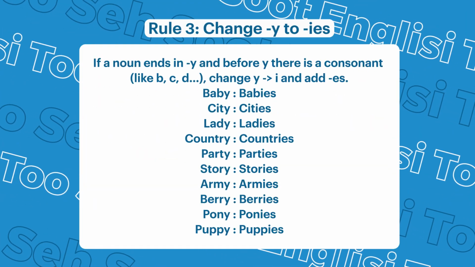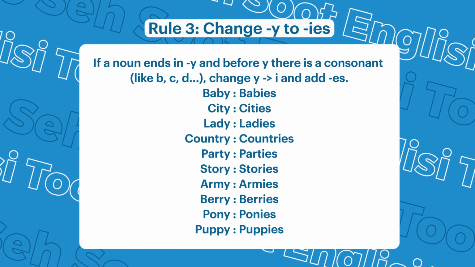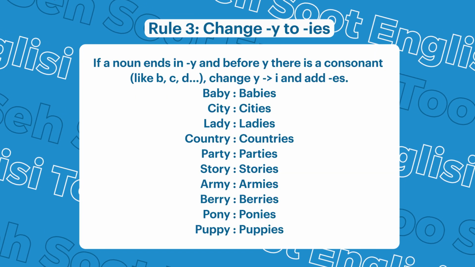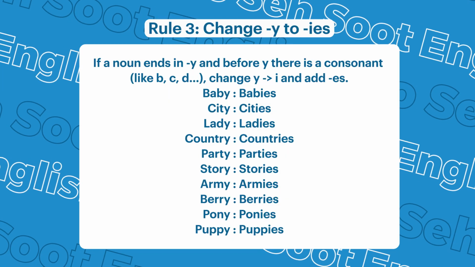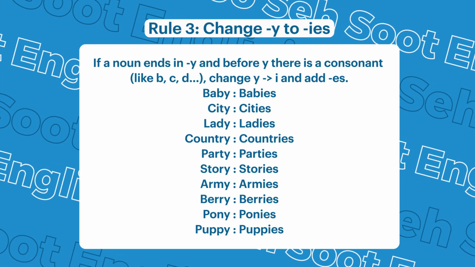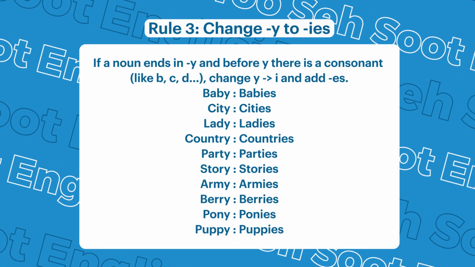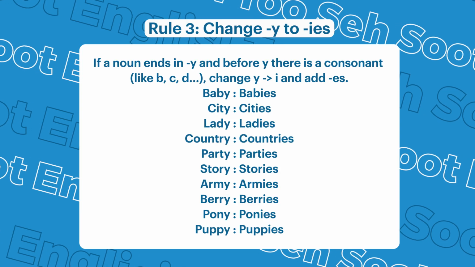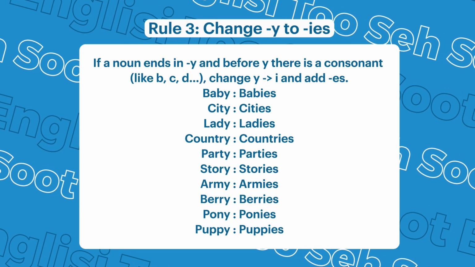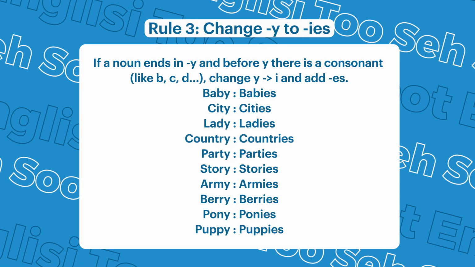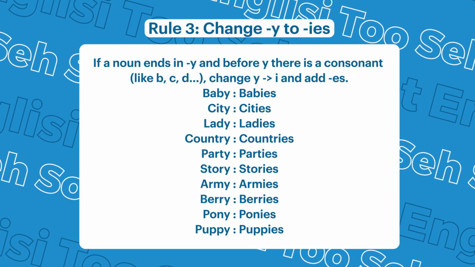Rule number 3. Changing y to ies. If a noun ends in y and there is a consonant like b, c, d, etc. before the y, change the y to i and add es. For example, baby, which ends in y, change the y into i and add es.